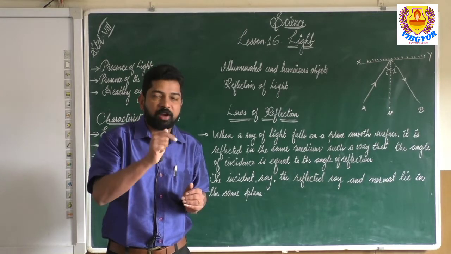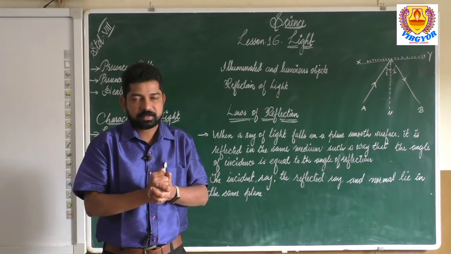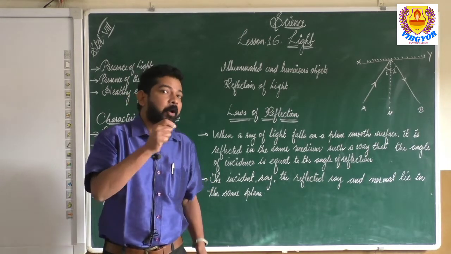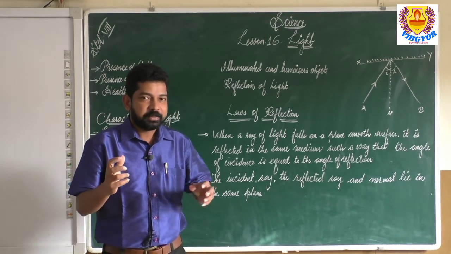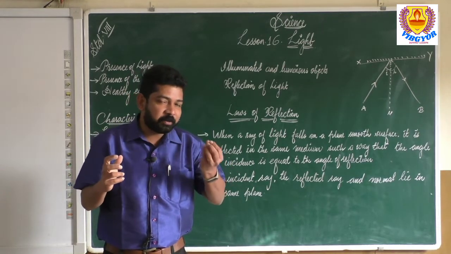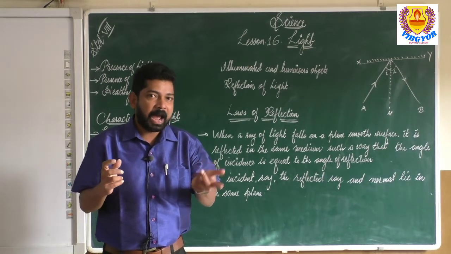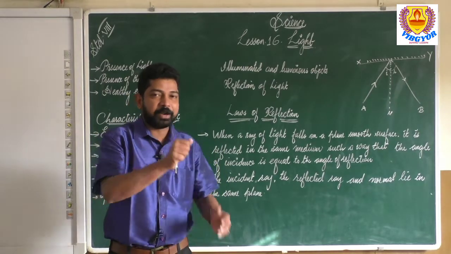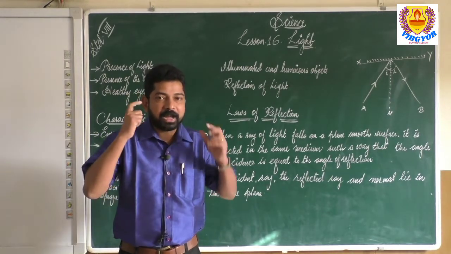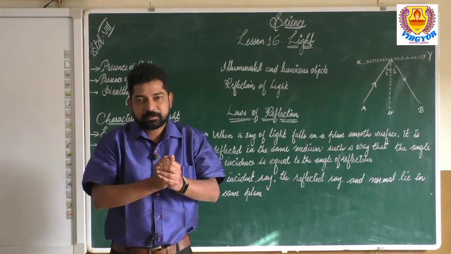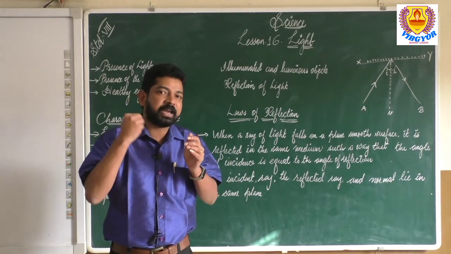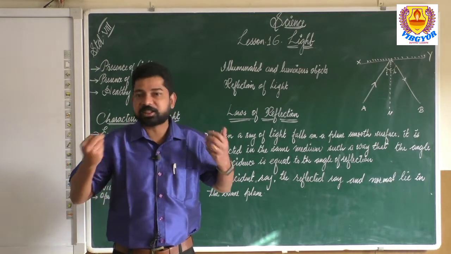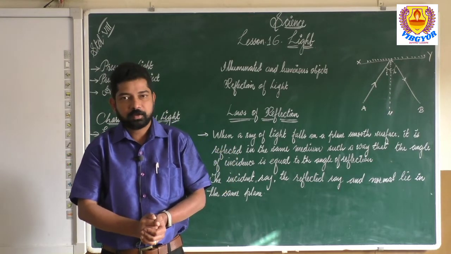A source of light is required. The second one, an object should be there, so that we can see that object with the light. The third one is healthy eyes. With these three things we can see an object, or we get the sensation of vision.